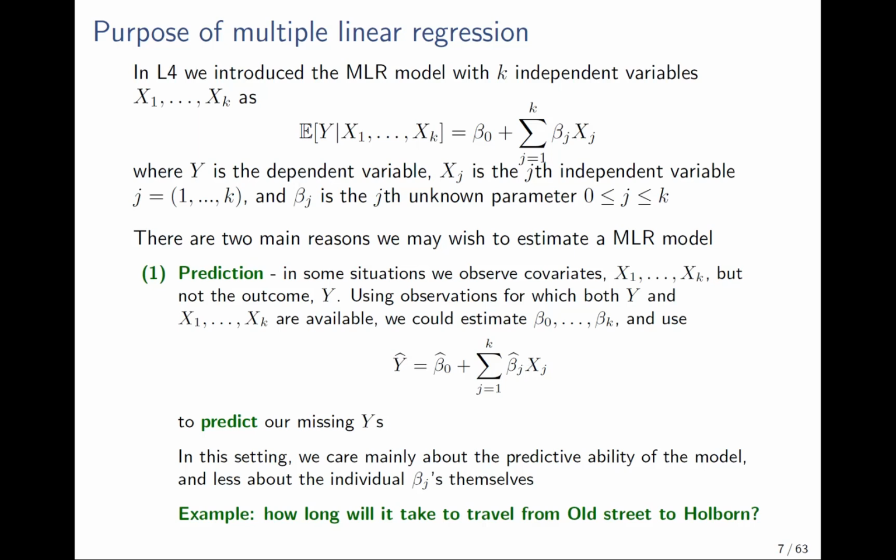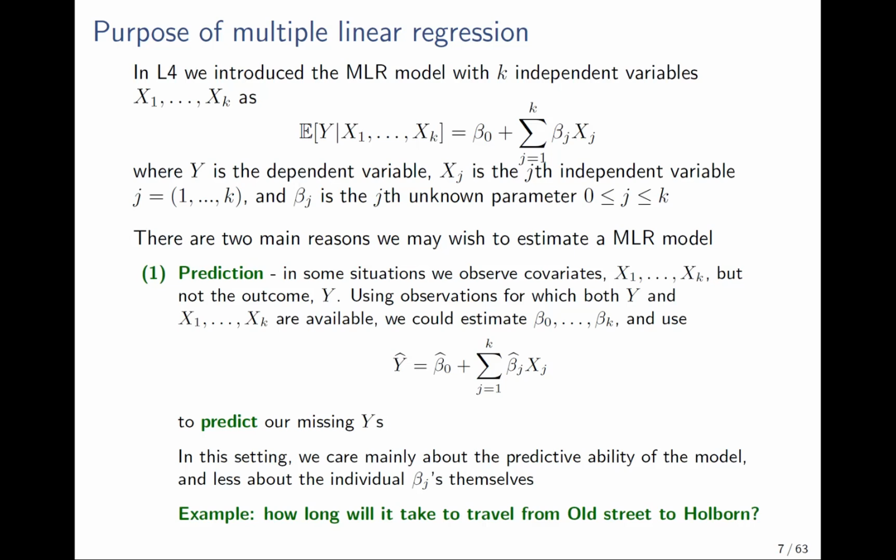Another example could be that we've got data on y and all of the x's for some particular empirical context. It could be some city, some region, some country, and we want to use the model that we develop using data where y and x are observed to predict the missing y's in some country where we don't observe them, or some city, or some household, whatever the different context is.